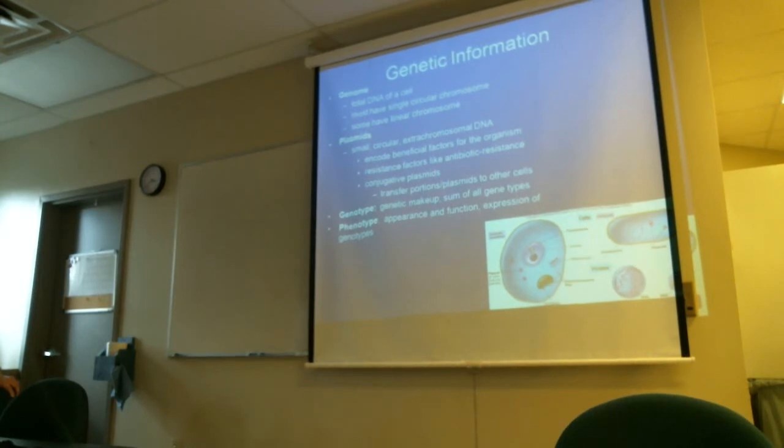So you might have an organism that has its chromosome, then they have some extra chromosomal information that's going to help it survive different conditions that other organisms don't have. Genotype, that's the genetic makeup. The phenotype is going to be the expression of it, so it would be the appearance and function.